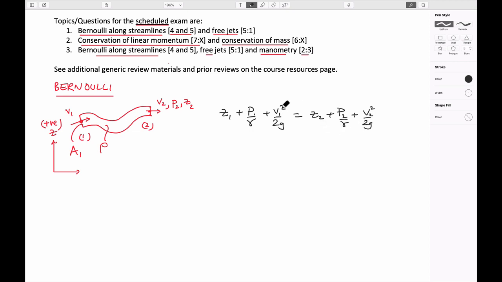These are always streamline velocities. These are always elevations relative to positive upwards in terms of the sign convention.